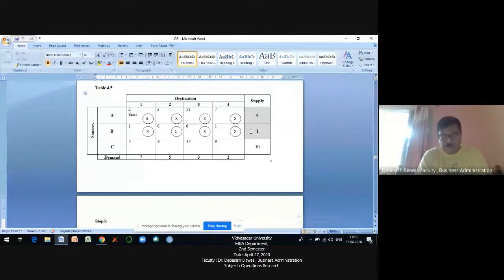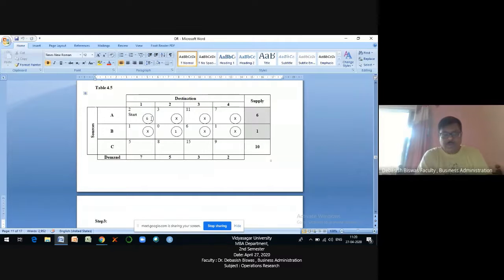In this table, we have not also considered this row, right? Now, when we'll be moving to the third table, we will not consider this row because the supply has become 0 after allocating 6 units to this particular cell.